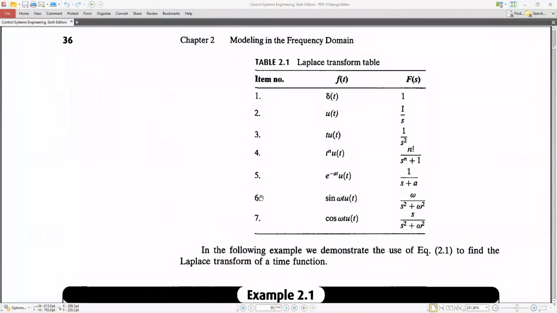Laplace transform table: impulse response 1, step response 1 by s. This is ramp, 1 by s square; t to the power n u(t); e to the power minus at u(t).